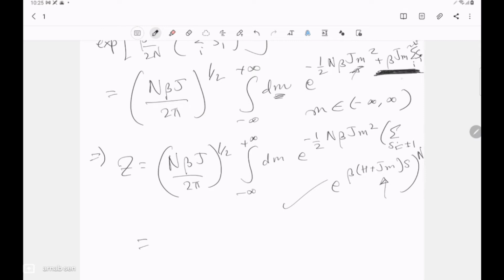And after making it linear, we can just resum this term, because it's a non-interacting bunch of spins. Yeah, that's why I could write this term raised to the power n. And now we know this term and we can put it back and integrate over m to get the... No, that we'll see. So let me continue with the algebra.